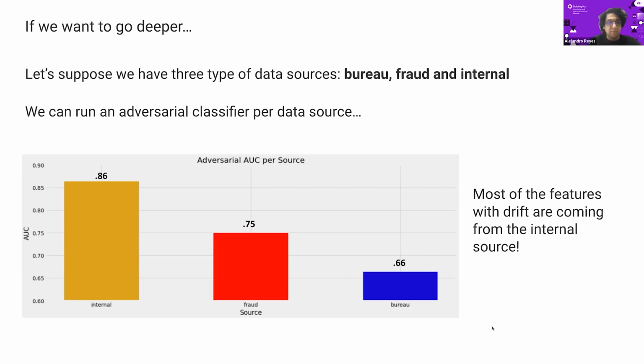In this example, Bureau is kind of okay. Fraud, here we have some features with drift, but internal is kind of alarming. Here we have some features with a lot of drift because the adversarial AUC is super high in this data source. So this is kind of great because the adversarial can be super flexible to analyze this kind of characteristics from our data. The next one.